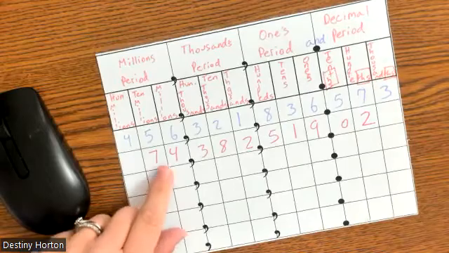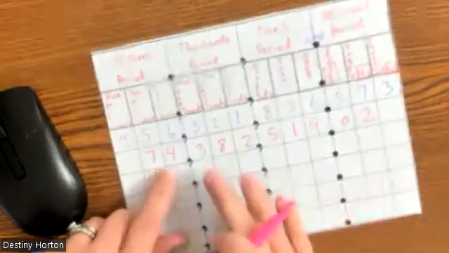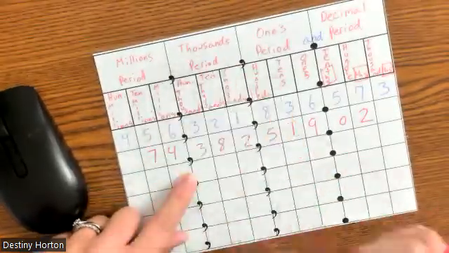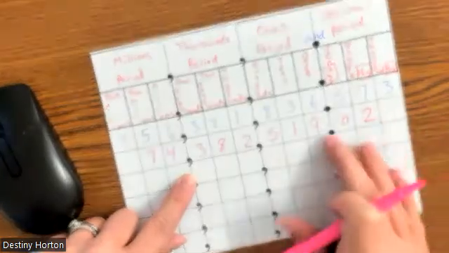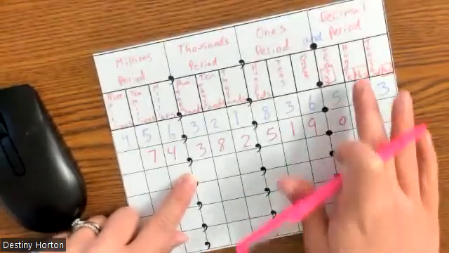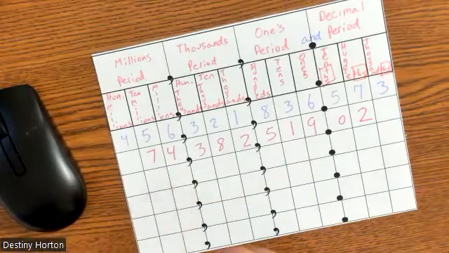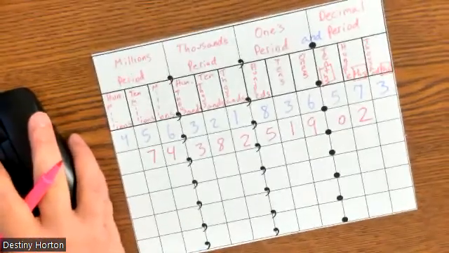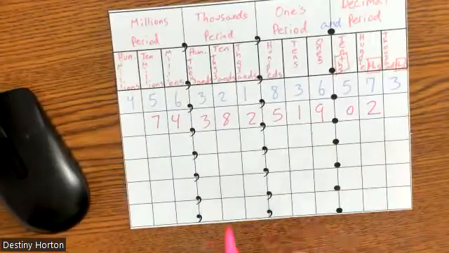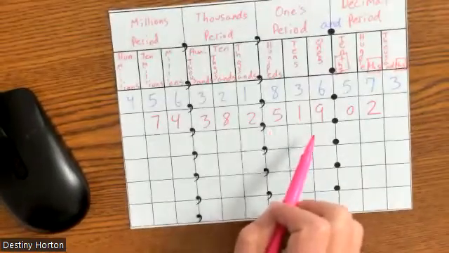Okay. So I have 74,382,519 and 200ths. Okay. So something that my kiddos seem to have a hard time with is that they'll say 519.